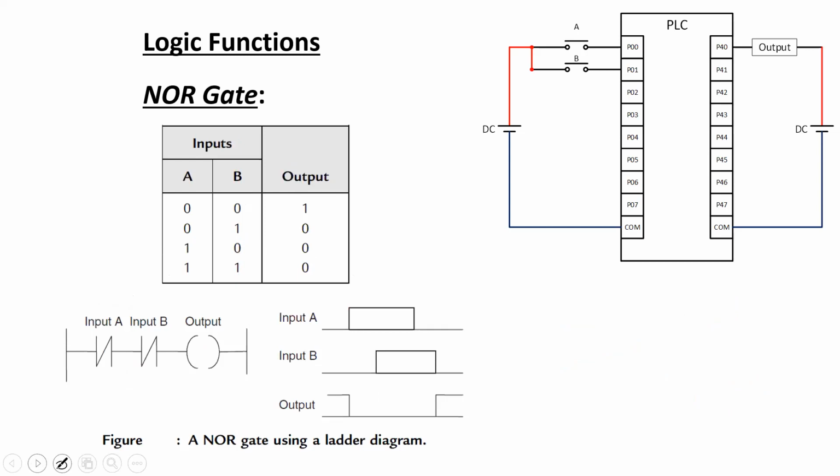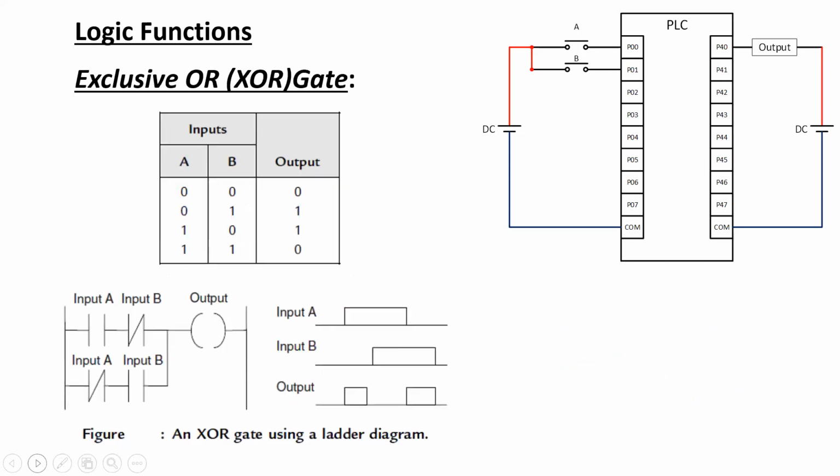Similarly, for the NOR gate and also for the XOR gate, the relationships can be formed. Now for the XOR gate, we can write AB prime plus A prime B. This A and the complement of B have an AND logic. So a normally open contact and a normally closed contact can be placed in series with each other.